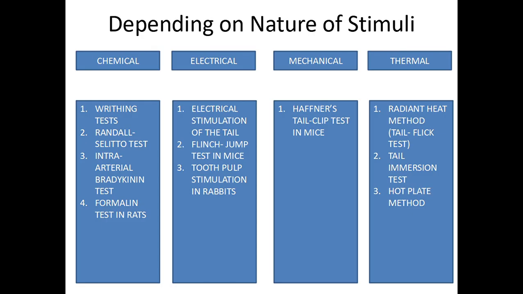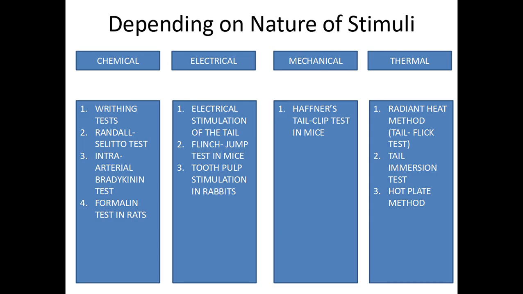So depending on the nature of stimuli, we can classify the pain stimuli as chemical method, electrical method, mechanical method, and thermal. In chemical method, there are lots of examples, that is writhing test, Randall-Selitto test, intra-arterial bradykinin test, formalin test in rats.